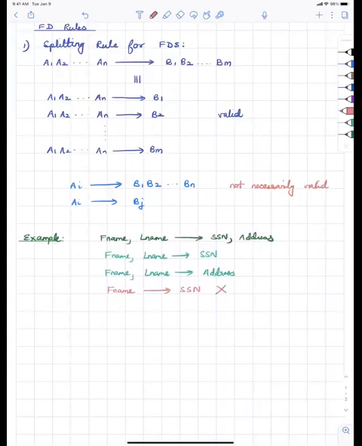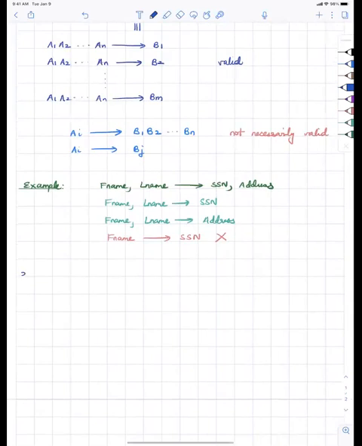The second rule is the combining rule of functional dependencies. Again, this one's also pretty trivial.